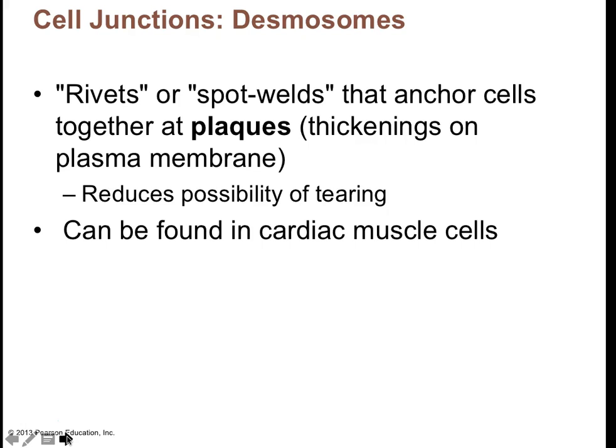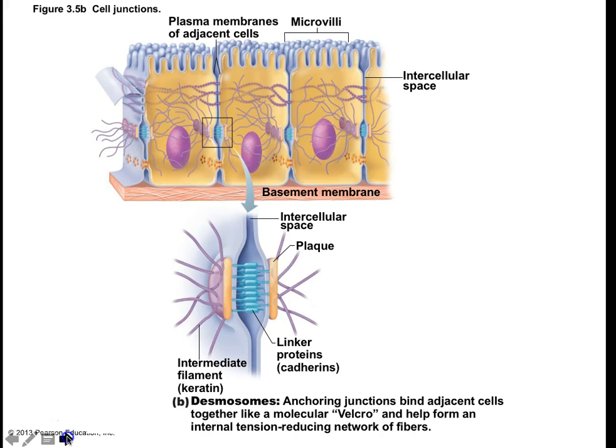And that is called the desmosomes. And here is that welding that goes on. It's not so much a problem of leaking a glass of water or leaking a tuna fish sandwich. It's more a matter of making sure that the cells remain intact even though they are undergoing forceful contractions.